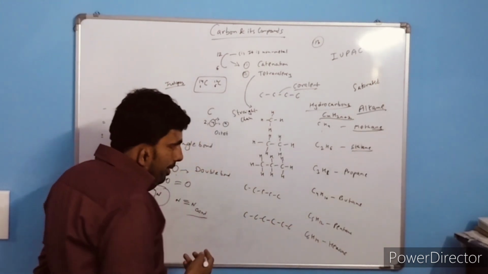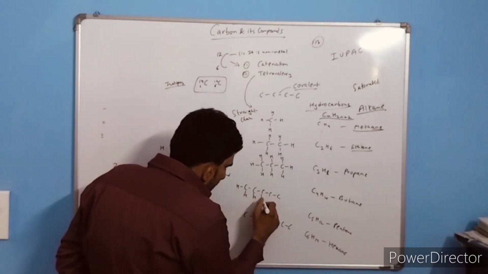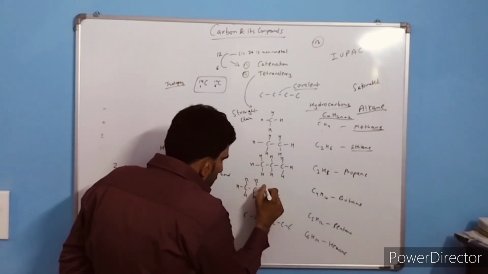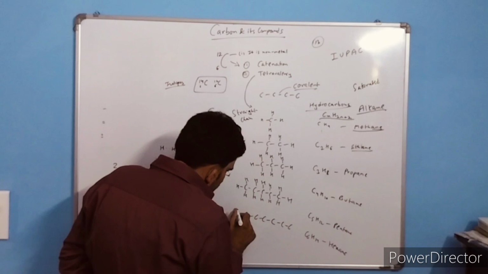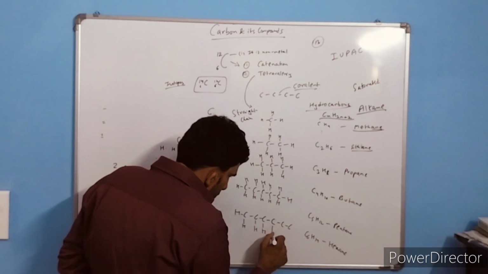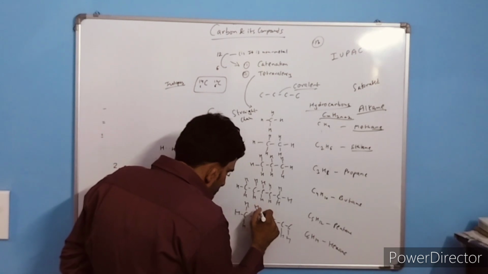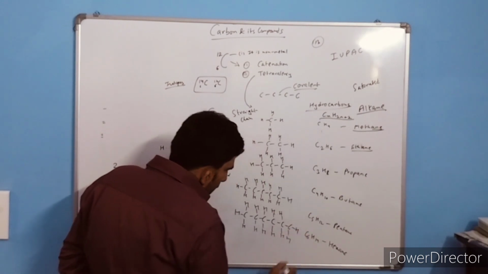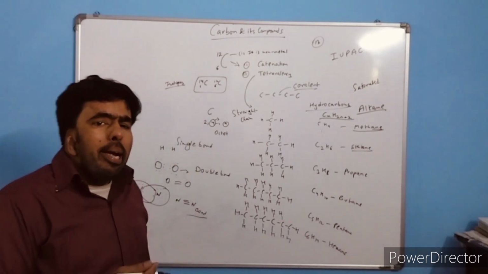That structure is called a straight chain. One more thing is, in single bonds, the number of hydrogen atoms is more.